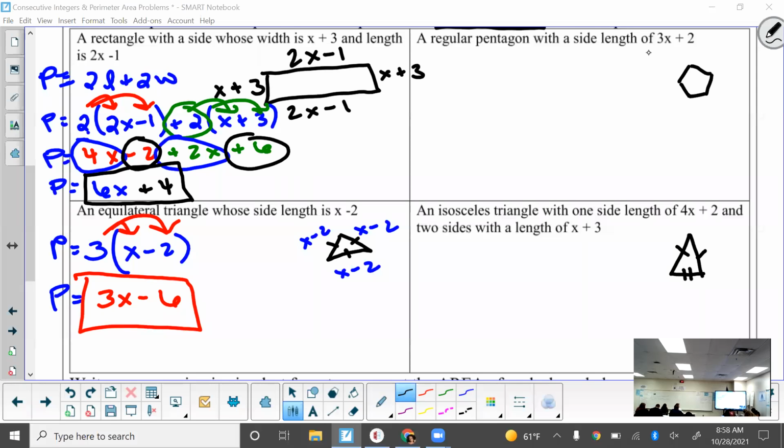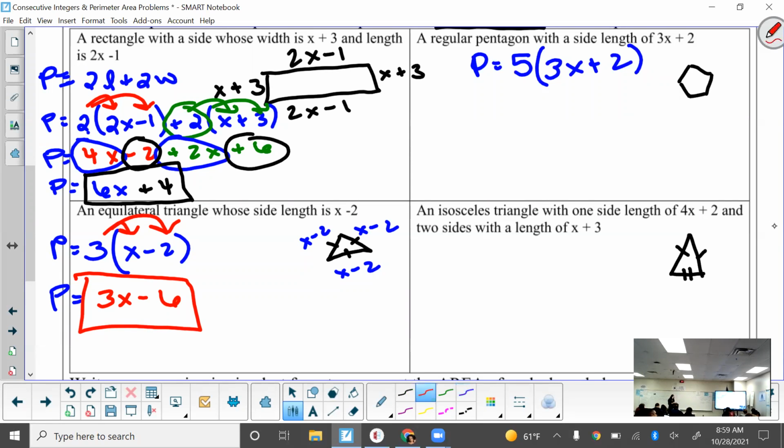All right, so perimeter of a pentagon, a regular pentagon with a side length of 3x plus 2. How can I write an expression to model that? Five times 3x plus 2. And make sure you put it in parentheses, right? So yes, 5 because it has 5 sides and they're all the same. So 5 times 3x plus 2.